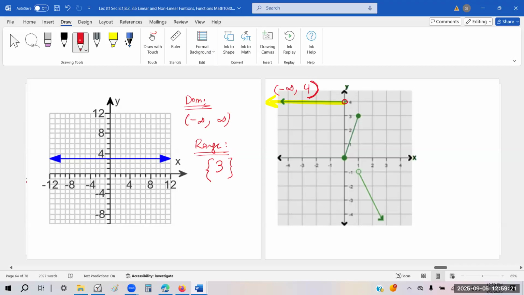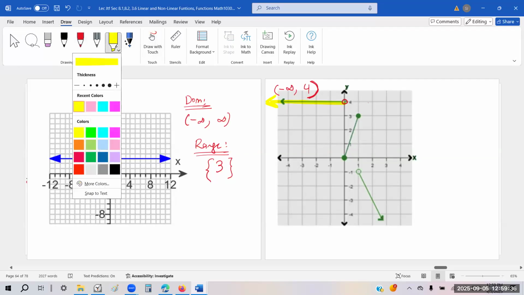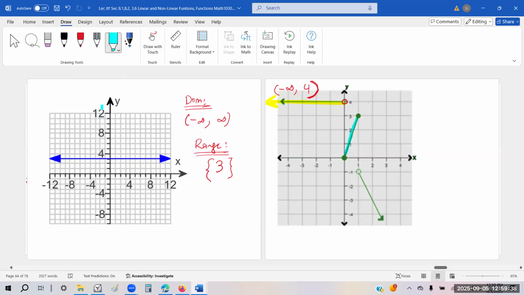However, once it goes there, then we have a second piece. In this second piece, what is the smallest x value? 0. So this piece, let me highlight a different color here, has domain starting at 0. And when x is 0, do you have any y value there?